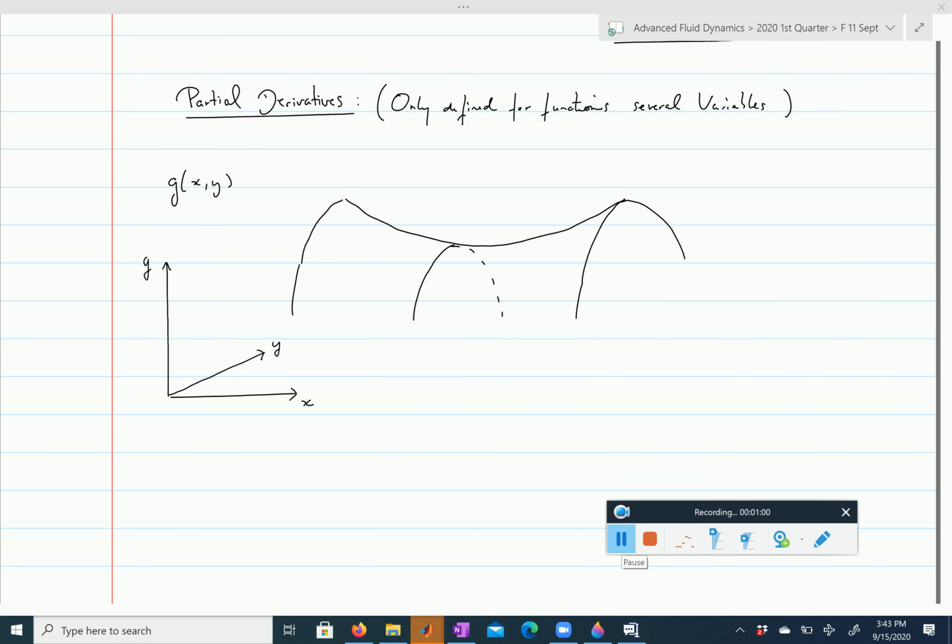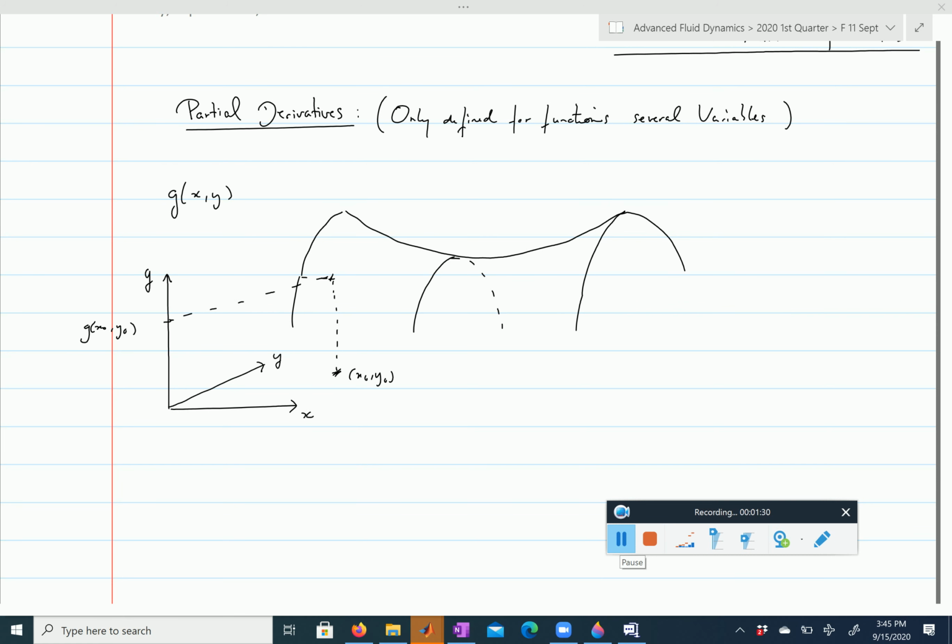It's a function of two variables, and let's say for any given x naught, y naught, the function gives us the value here. So to any x naught, y naught, we can associate a value of the function g. That would be g at x naught, y naught.